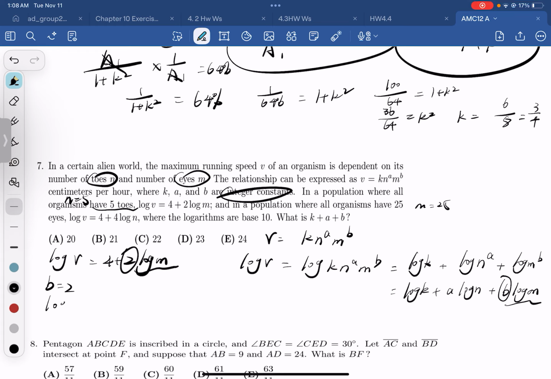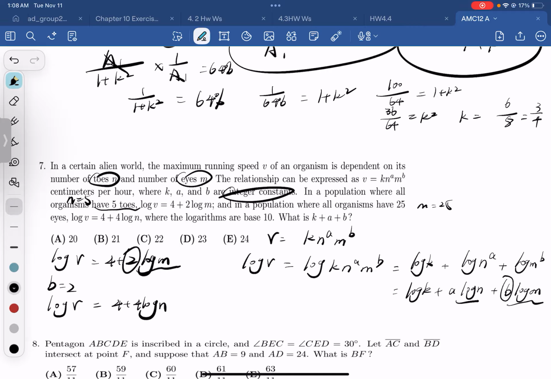So the second situation, log v equals 4 plus 4 log n. It's 4 times log n, which is here. The coefficient is a, so a is 4. So we know a is 4, b is 2. So the relationship can be expressed as v equals k times n to the power 4 times m squared.